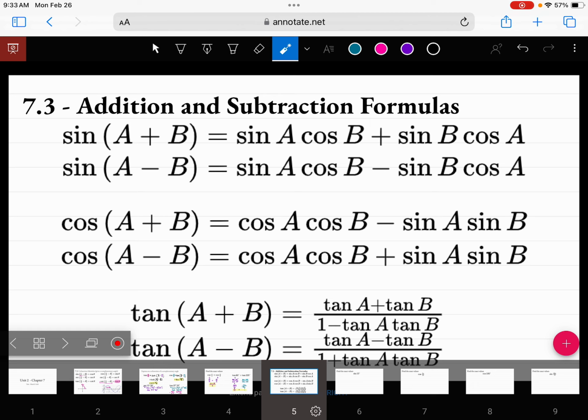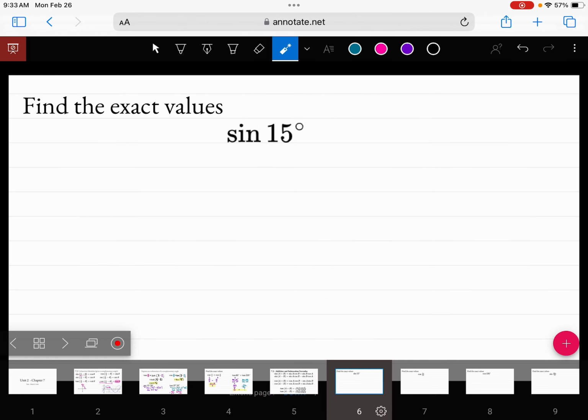All right, so let's work with these a little bit, and see why we have these gigantic formulas for some addition and subtraction. Our first problem asks: what is the sine of 15 degrees? We are expected to find the exact value, but 15 is not on the unit circle.